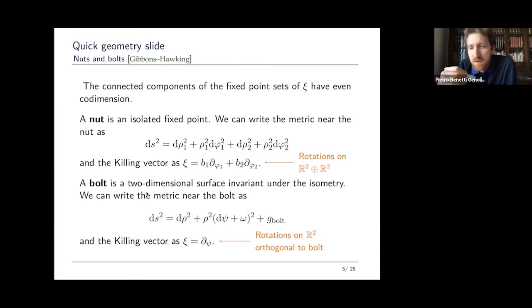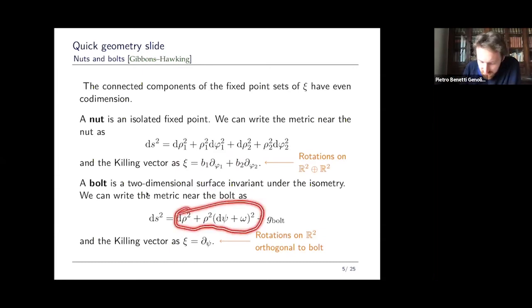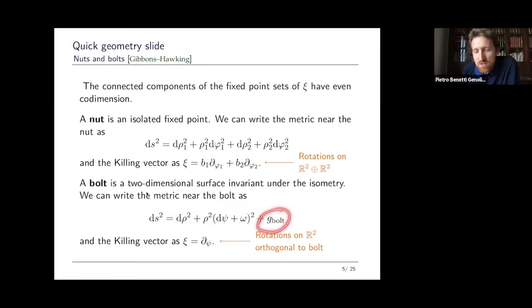If instead I have a 2-dimensional fixed point set, this is called a bolt. And if I have a bolt, then I can write the metric near the bolt as the transverse space times the metric on the bolt. And again, the Killing vector, because it doesn't rotate the bolt, that's the definition, rotates the transverse space.